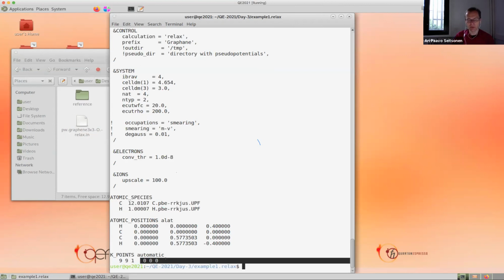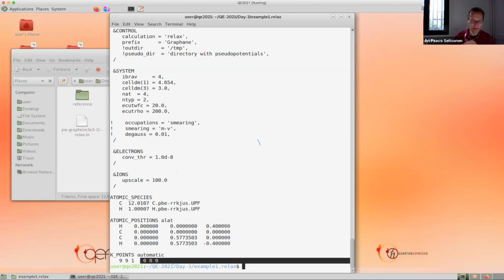If you would use 1, 1, well, now there's a vacuum in the third direction, so in principle it doesn't matter if you have anything between 0 and 1. But if you would put here 1, 1, 0, then you would see that the K points look a bit funny, so they will be symmetrized, but the original idea is to have the equidistant grid, and that's achieved without the translation.